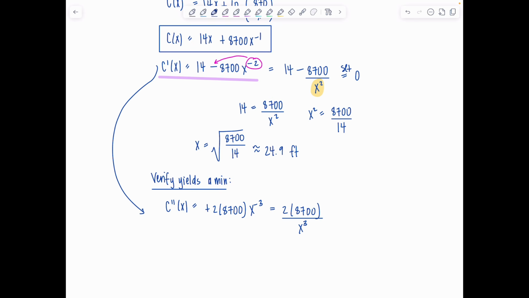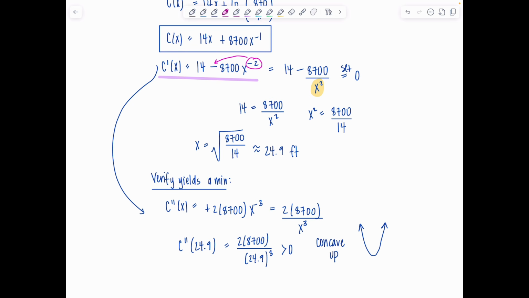If I take C double prime and I plug in 24.9 for X, right? 2 times 8,700 over 24.9 cubed. I don't care what that comes out to. I can tell it's positive. If my second derivative is positive, that means my graph is concave up. Very good. Concave up.